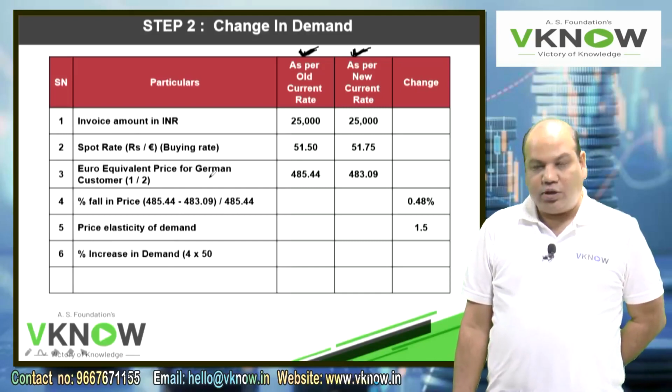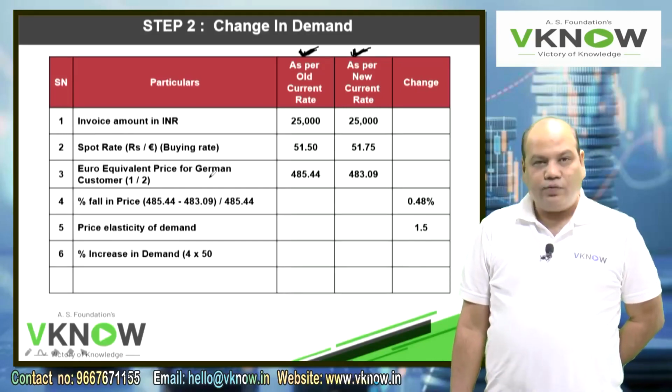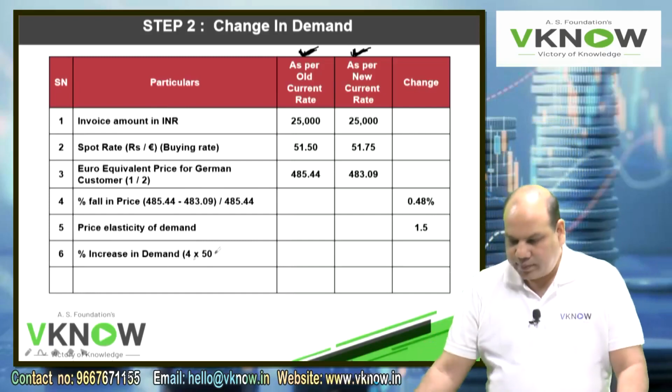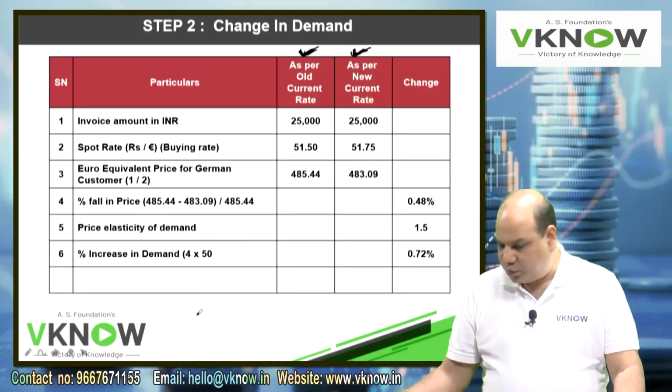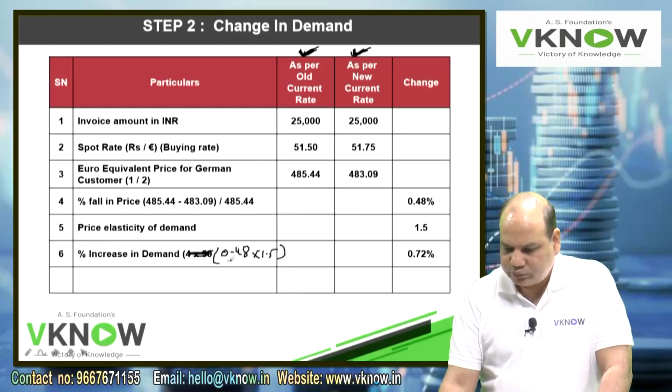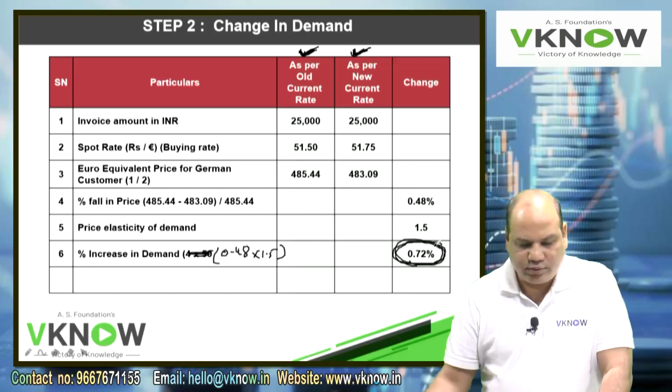Therefore percentage increase in demand is 0.48 into 1.5, that is 0.72%. Your demand for AC will go up by 0.72%.